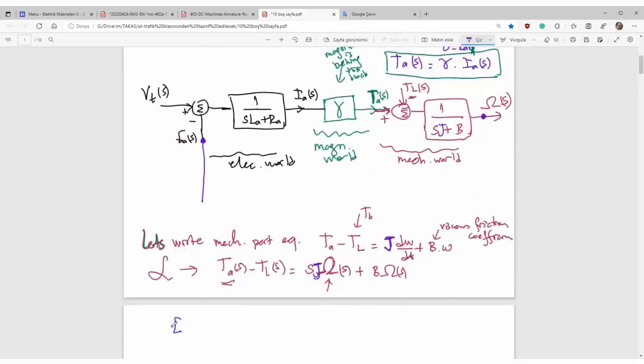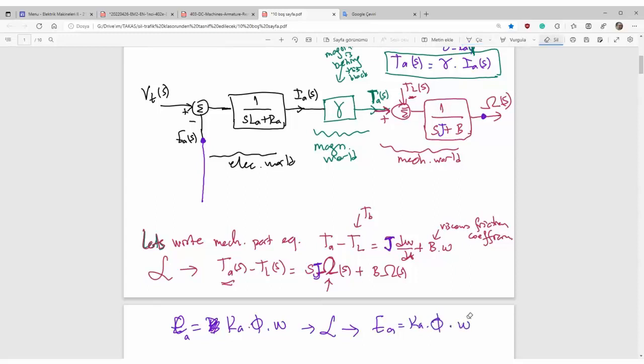Electromotive force is equal to, let's say, Ka times flux times angular speed of the shaft. If you have Laplace transformation, armature EMF will be equal to Ka times flux times angular speed.